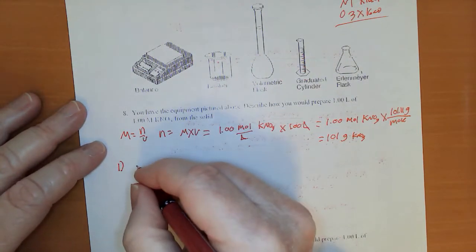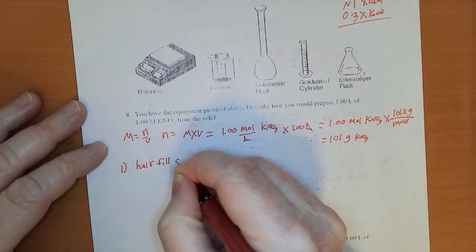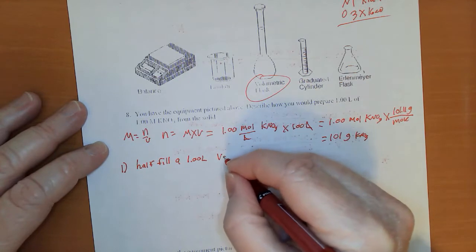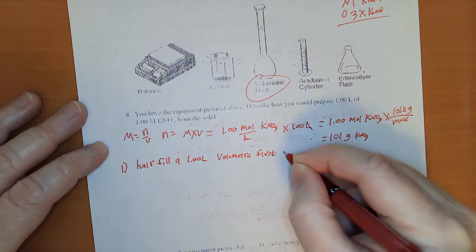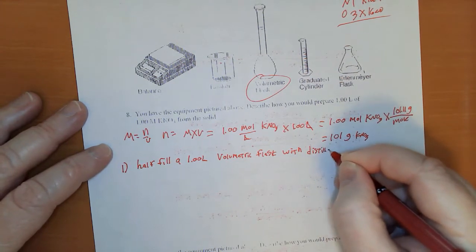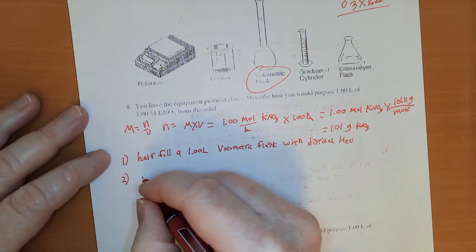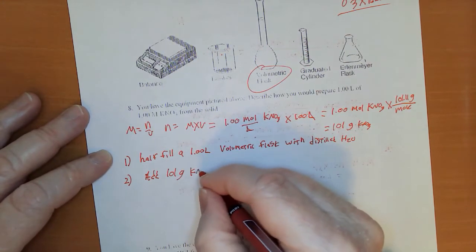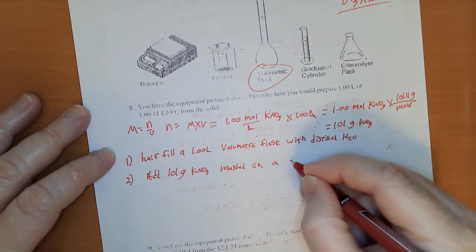Number one is half fill a 1.00 liter volumetric flask with distilled water. 2, add 101 grams KNO3 massed on a balance.